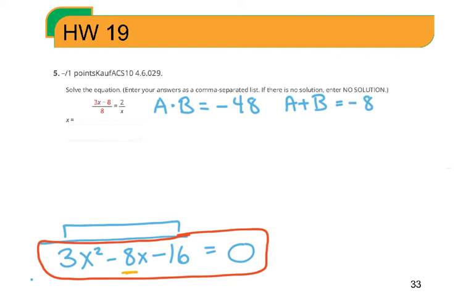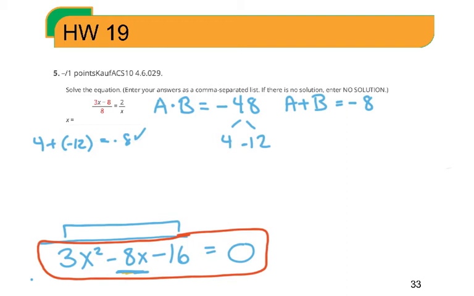So let's think of factors of 48. First ones that come to my mind are 4 times 12. That would equal 48. I need to make one of them negative. If I make the 12 negative, does that work? Does 4 plus negative 12 equal negative 8, right? So there we go. Not too bad.